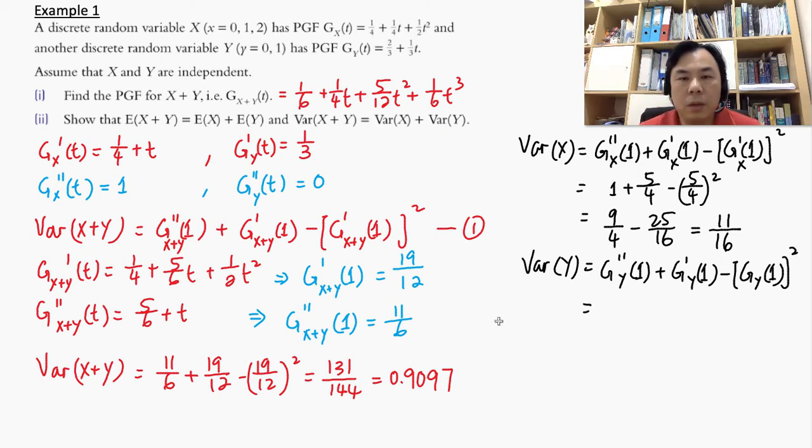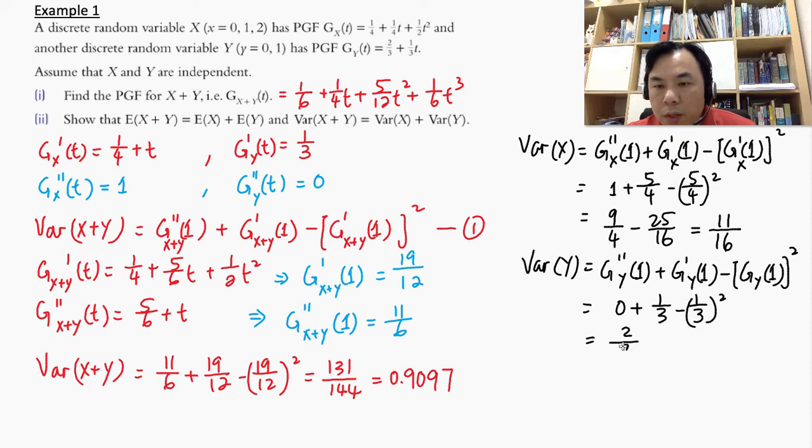So the second derivative of the probability generating function for y is 0. The first derivative is 1/3, and then minus 1/3 squared there. And therefore this one will be 2 over 9 then.